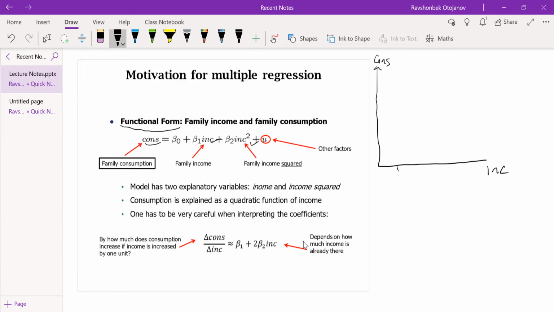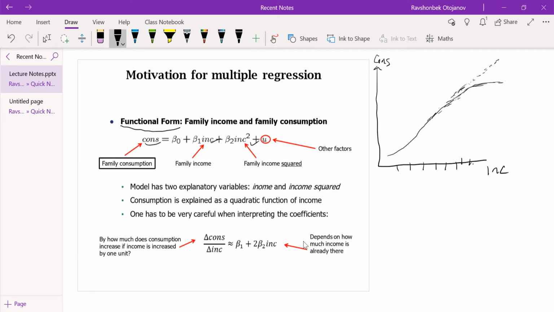We know that as our income rises, we do consume quite a bit, but as we become richer and richer, we don't continuously, monotonically consume more as our income increases. Instead, at some point the increase will taper off and maybe it starts diminishing. So we could expect such behavior. In fact, the empirical behavior looks like this, rather than consumption going monotonically increasing this way.